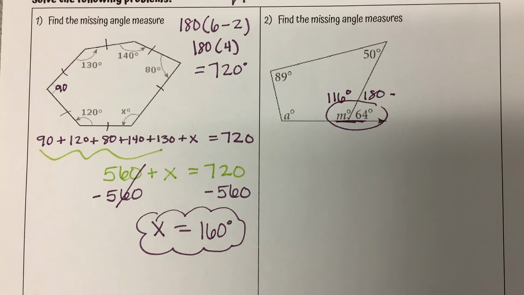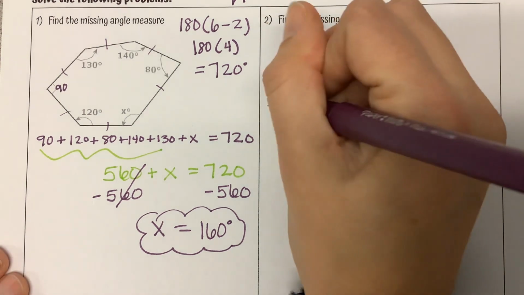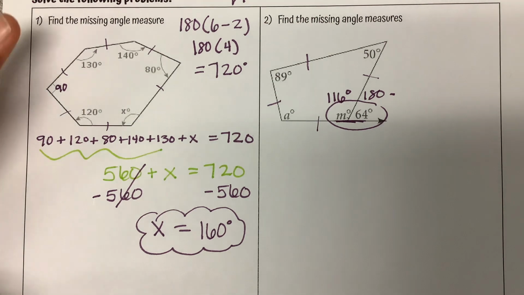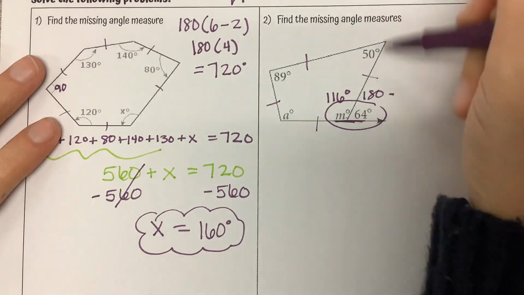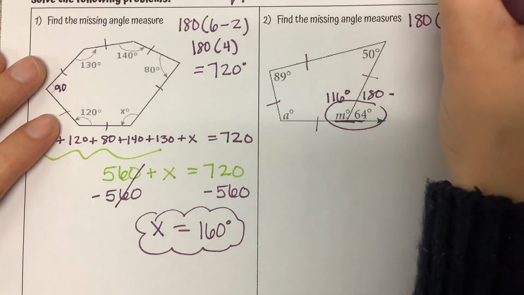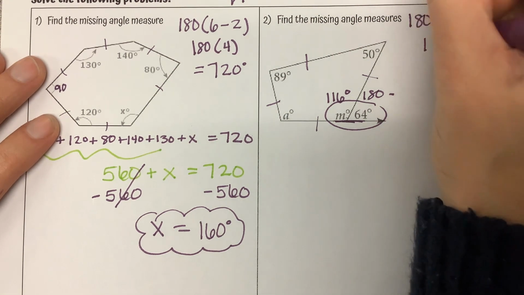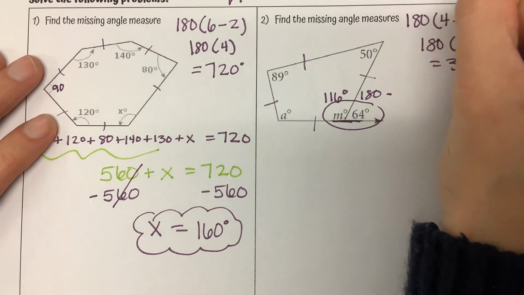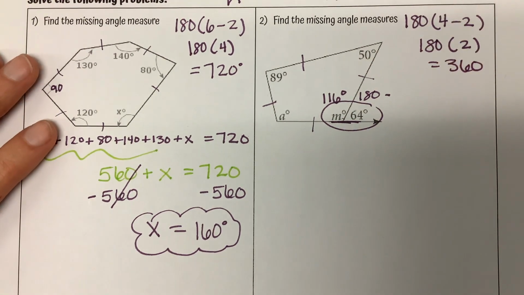Now, this is a 1, 2, 3, 4-sided shape. Maybe you know off the top of your head how much the total angles add up to, or plugging into our formula, 180 times 4 minus 2, or 180 times 2 is 360 degrees.